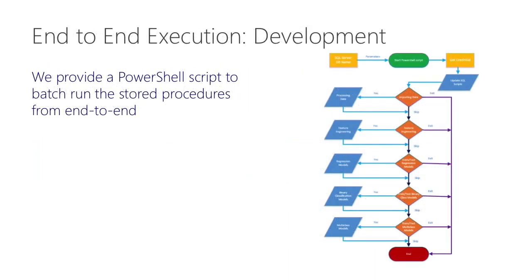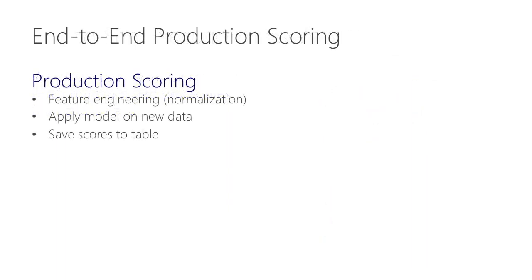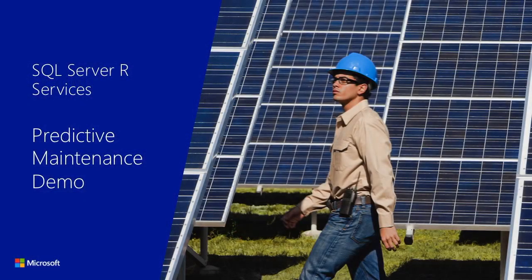We have developed a PowerShell script to run the steps end to end, and James is going to walk through that in the demo. In the end, for production scoring, users can apply the models to new data, generate scores, and save the scored data to the database. Next, James is going to go through the demo.